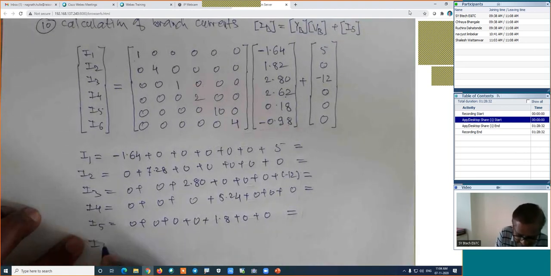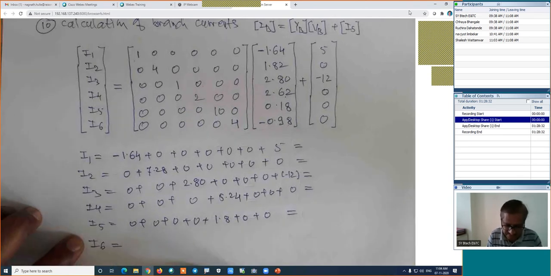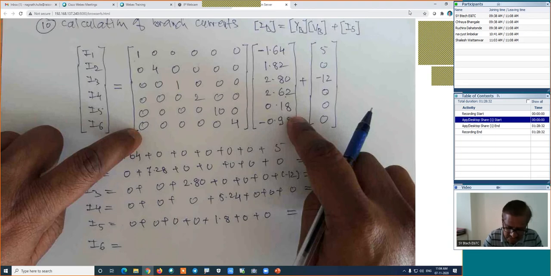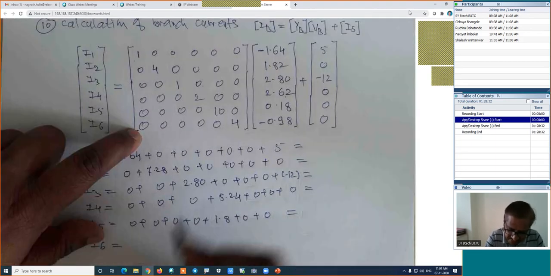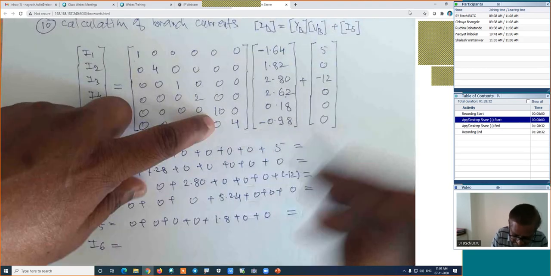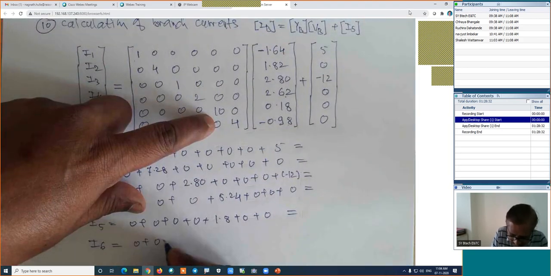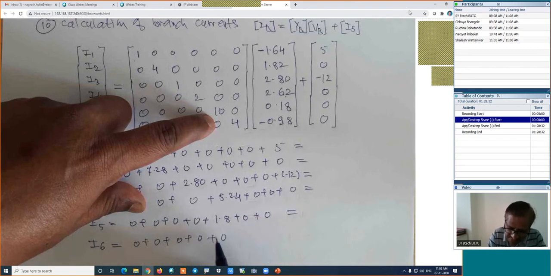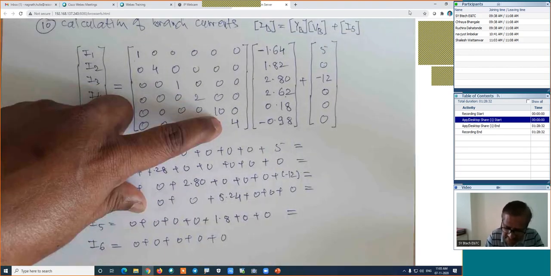Then I6 is the next calculation. How is this? Last row into this column. It is first 0, second 0, third 0, fourth 0, and fifth 0. This 4 into this minus 0.98.